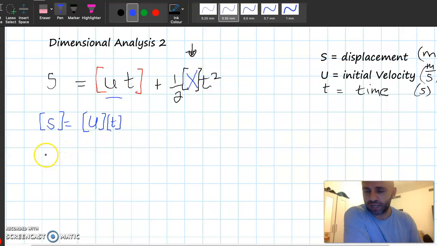And I know that the unit of displacement is meters. And that must be equal to meters per second times some time unit. And of course, we know they are. So the seconds cancel here, and meters is equal to meters. So that's fine. Double check that one.